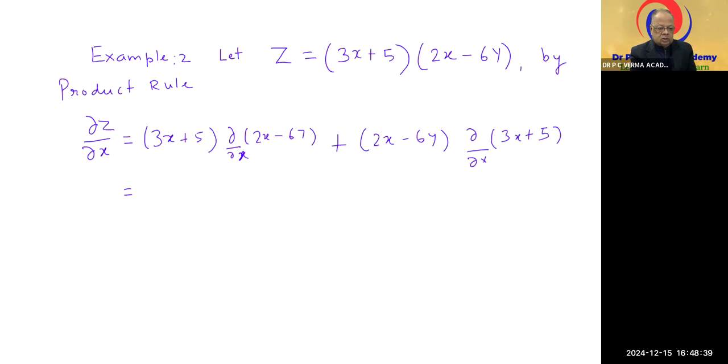This will be just copied constant, and here only 2 will be derivative. Derivative of x is 1, and this is constant, so 0.